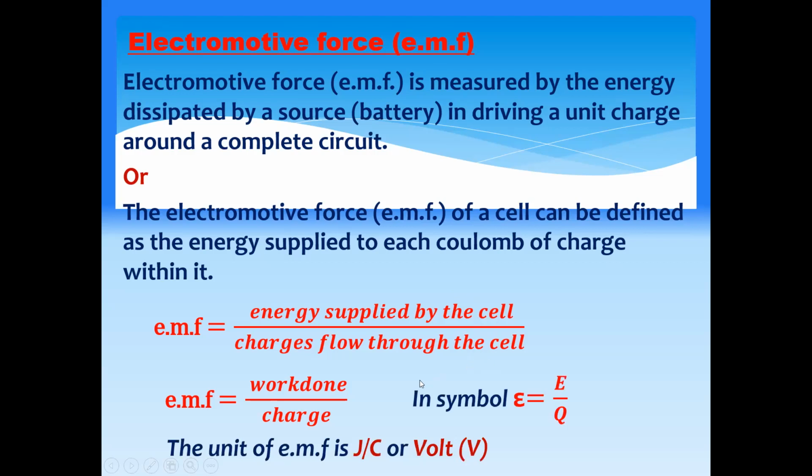The symbol for EMF is not E, it is a Greek letter called epsilon. And the unit is joules per coulomb, or we can also say volts. So joules per coulomb, or volt, is the unit of EMF, or electromotive force.